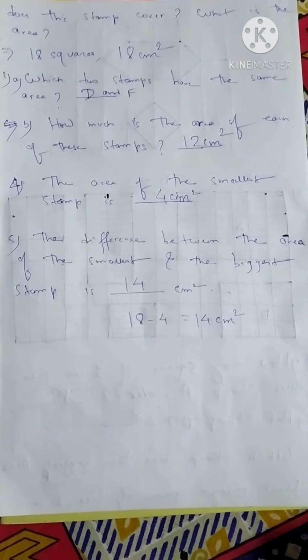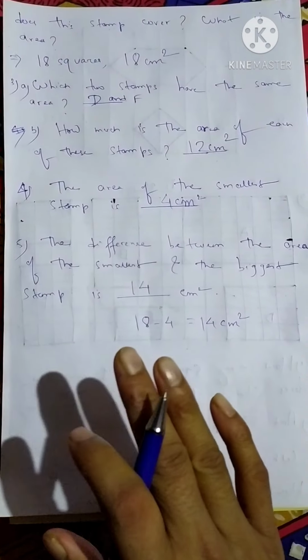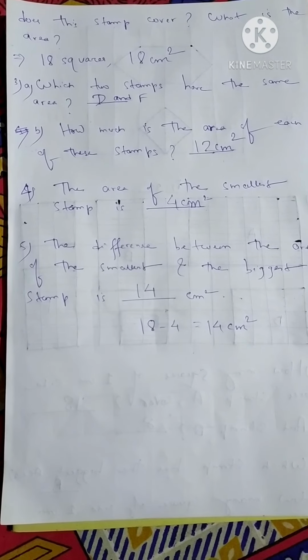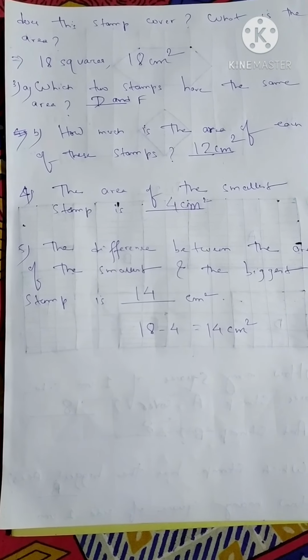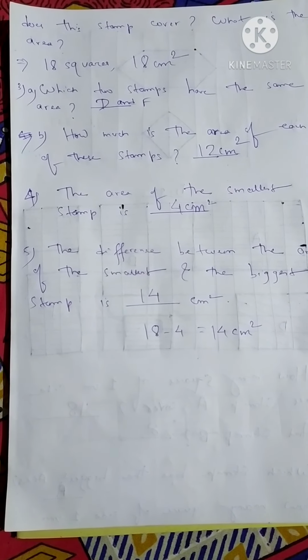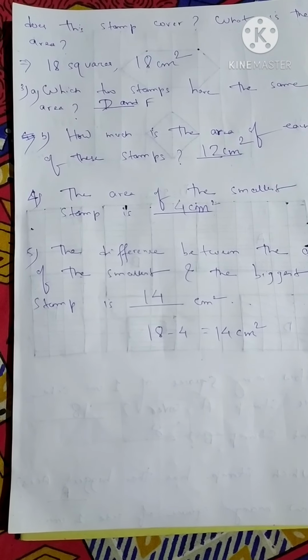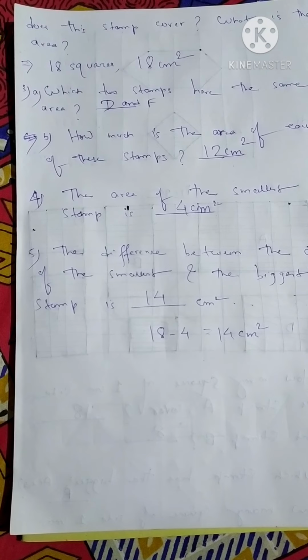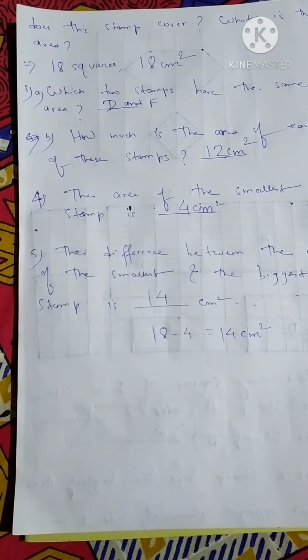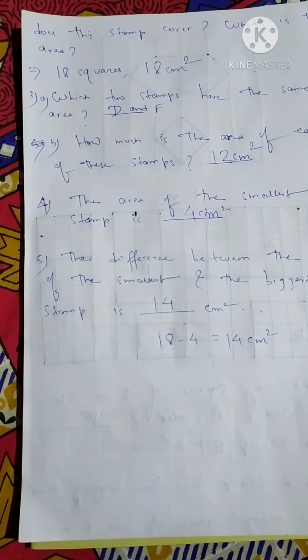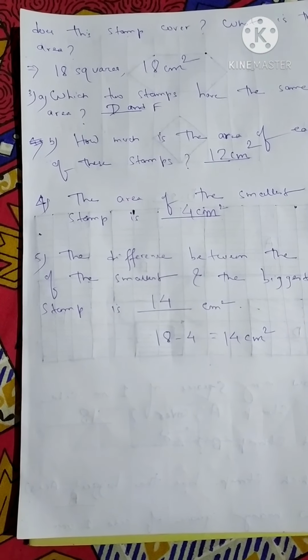Now one homework I am giving. I am not writing the homework here because it is given in your NCERT book. I am just telling the page number. Do that homework. Just wait, let me see the page number. Okay, page number 43, Practice time.